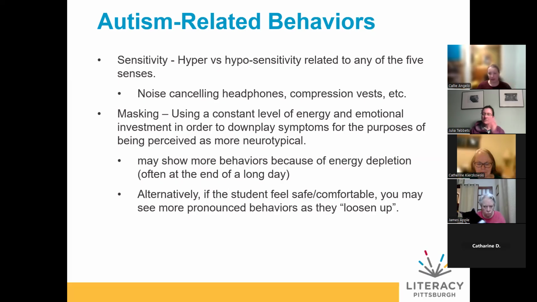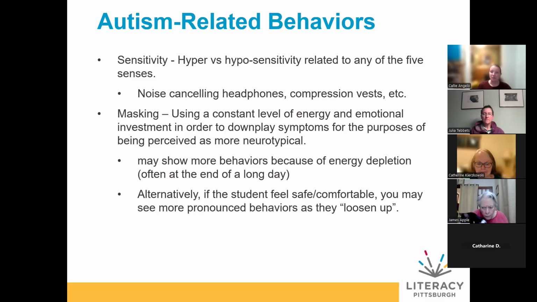Masking, I just said before that it was highly related to ADHD as well. Masking is the word for the constant use of energy and emotional investment in order to downplay symptoms of a diagnosis for purposes of being perceived as more neurotypical. So, as you can imagine, if you're constantly in the back of your head taking in information about what other people are doing and then trying to make your behaviors match, that is going to be an energetic situation.